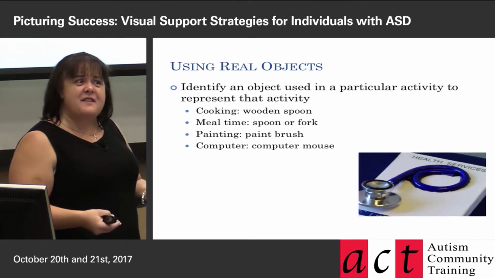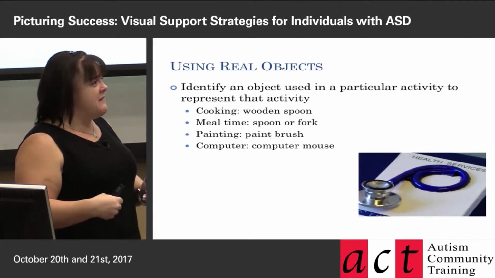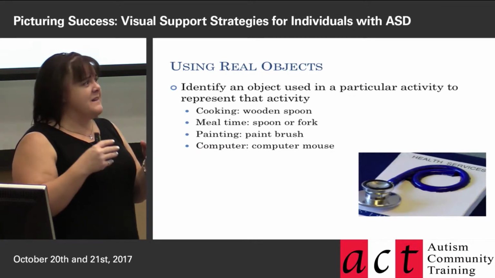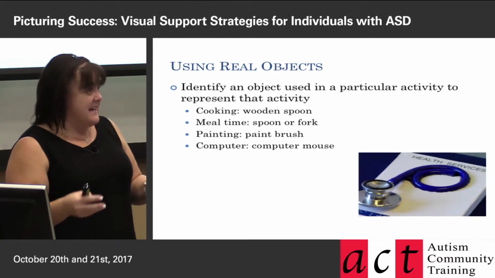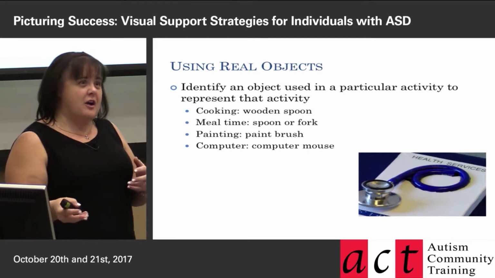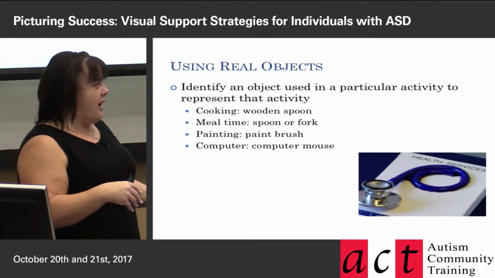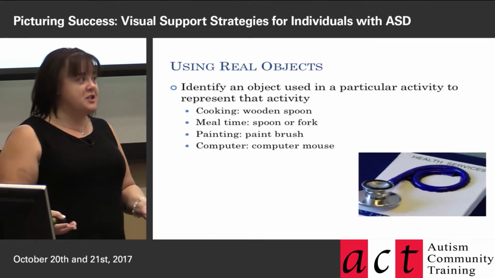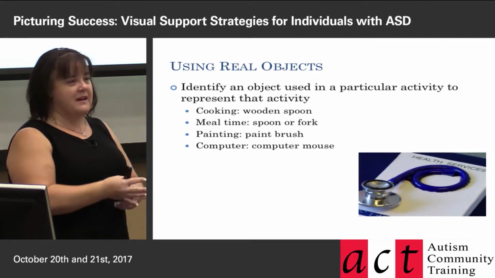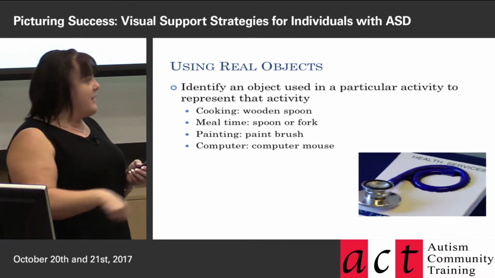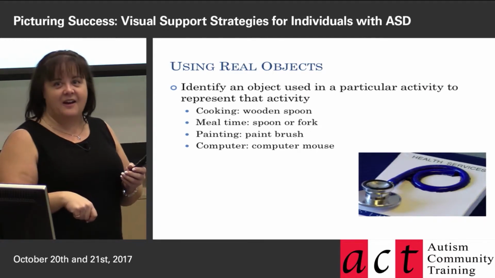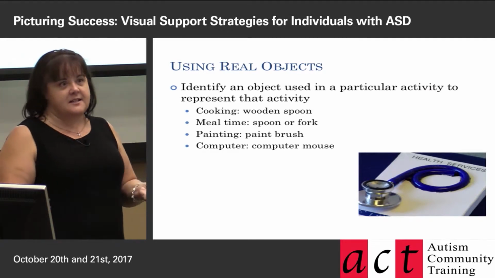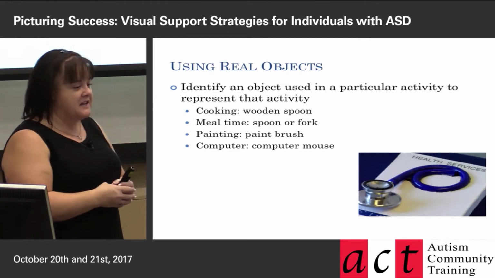So you just really have to think about, for a given activity, what's an object that's easy to carry around, easy to get, and also representative of the activity. For example, cooking. I've used a wooden spoon before to represent cooking because we can always bring a wooden spoon into the cooking activity. Or mealtime, a spoon or a fork makes sense because that's what a person uses to eat.